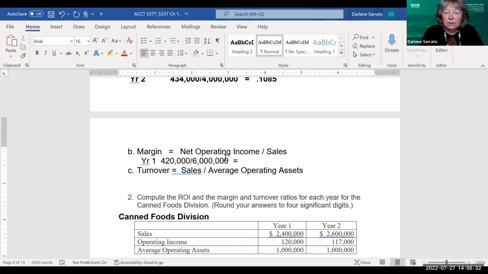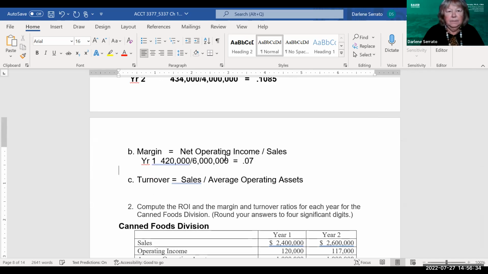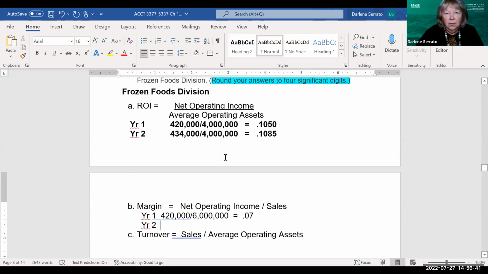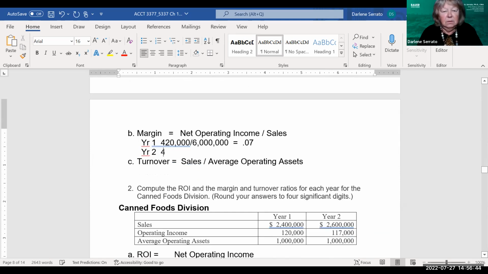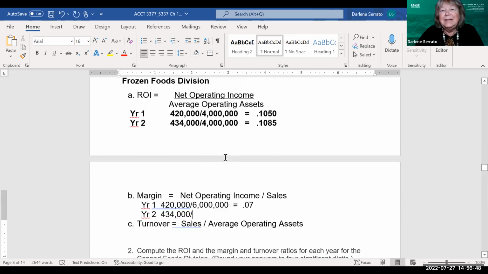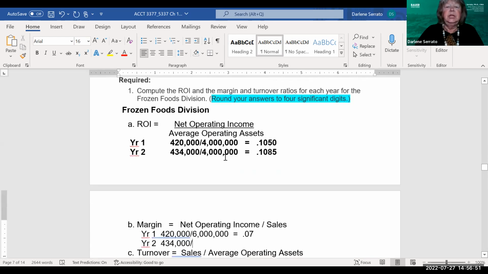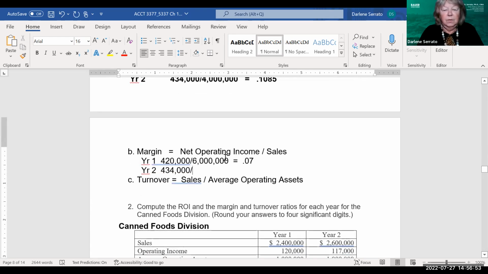So that gives us 0.07. For year 2, 434,000 divided by sales of 6 million too. So both income and sales went up. And we ended up with the same one, 7%.